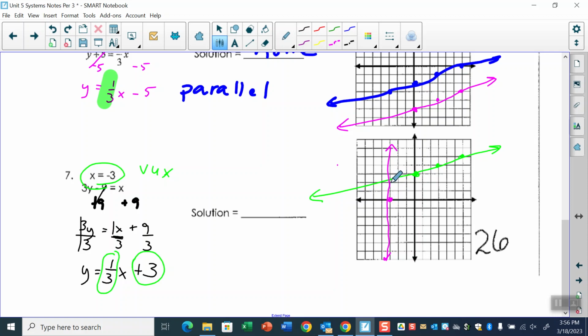Okay, and so the solution here would be right there. Because the slope was 1/3, this point right here is on both lines. So the coordinates of that point are -3 for x and 2 for y.